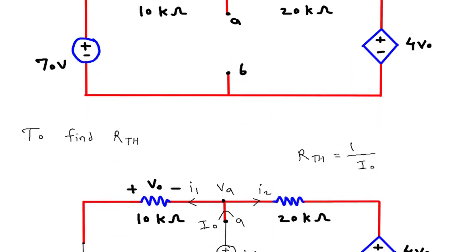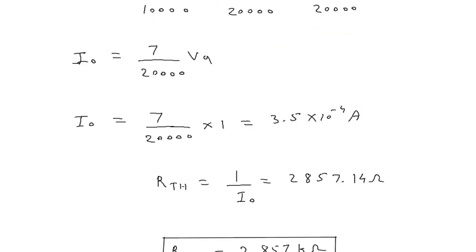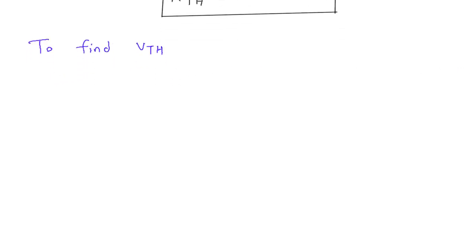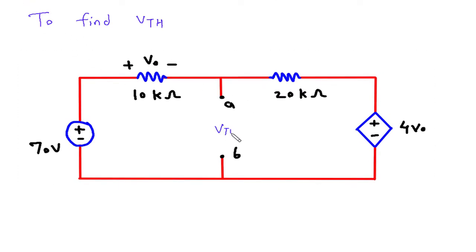Next we have to find VTH. So to find VTH, this will be VTH. Let's say this is current I1 and this is current I2 and this is node VTH.